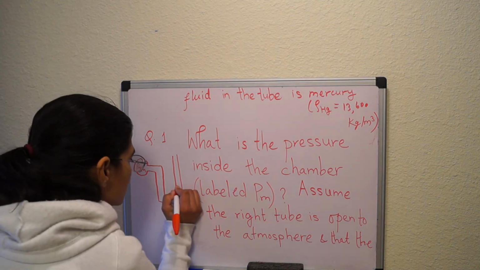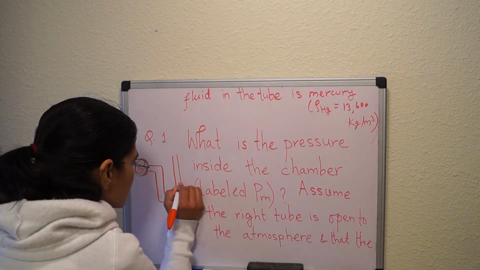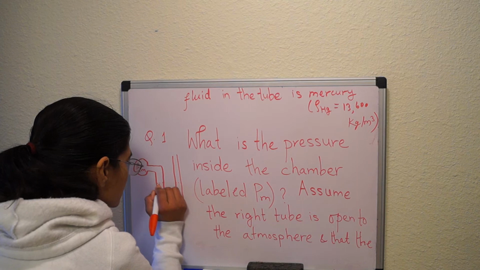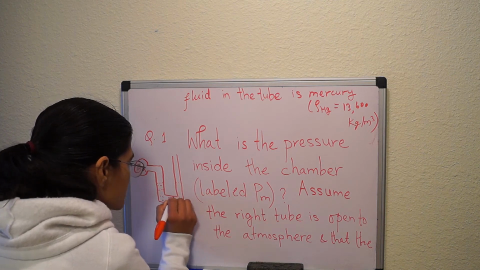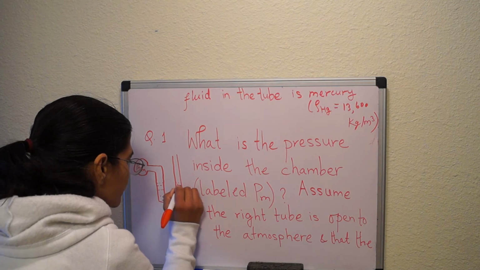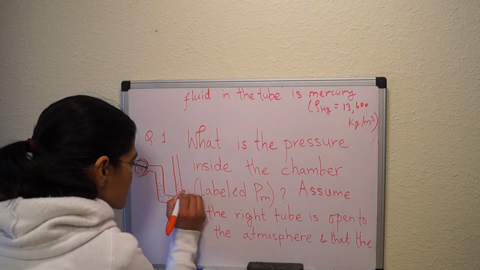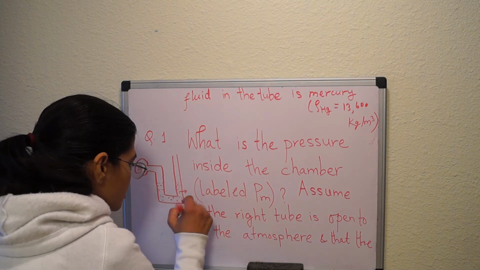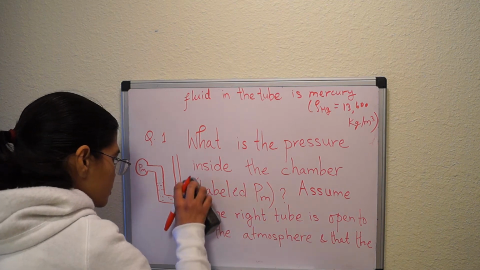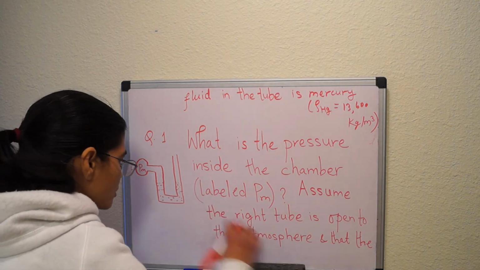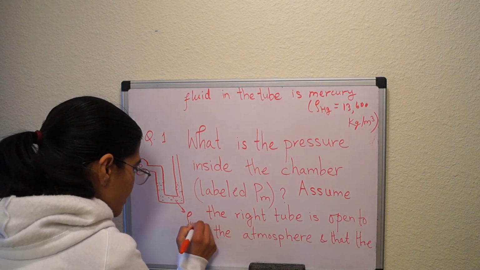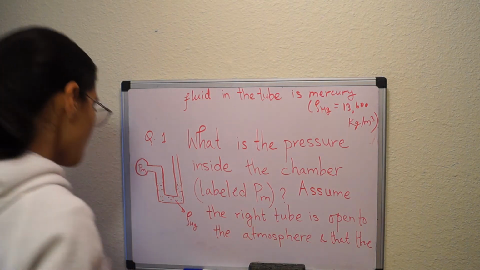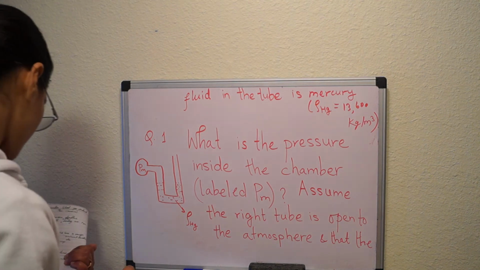There is mercury inside this, mercury of density rho Hg.